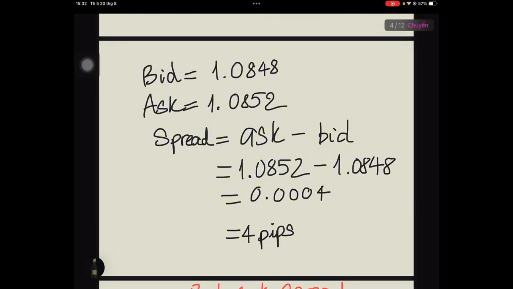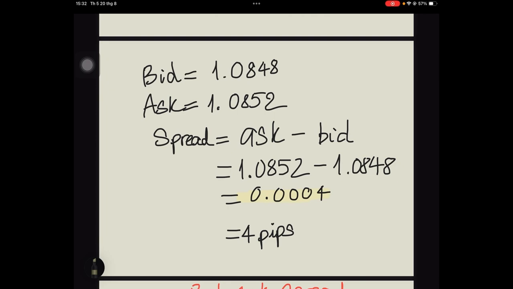The calculation is simple. The bid-ask spread equals ask price minus bid price. So if the quote is 1.0848 bid and 1.0852 ask, the spread is 1.0852 minus 1.0848, which gives us 0.0004. For a currency pair quoted to 4 decimal places, that is commonly described as 4 pips.